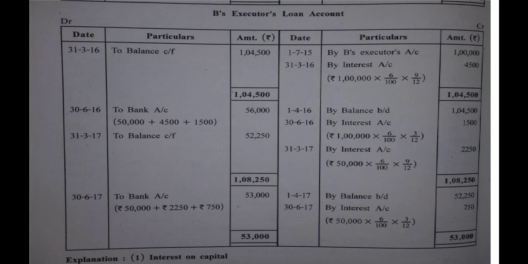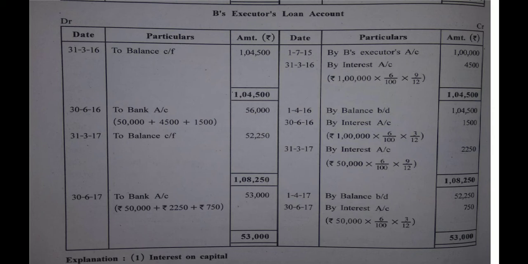So 1 lakh into 6/100 into 9/12. 6% is the rate of interest and 9 is the number of months. So this way it is 4,500 to be paid to the executor at the end of the accounting year, that is 31/3/16.